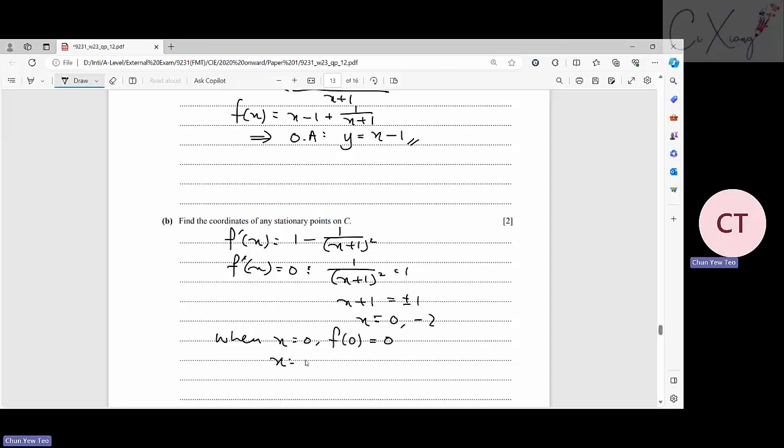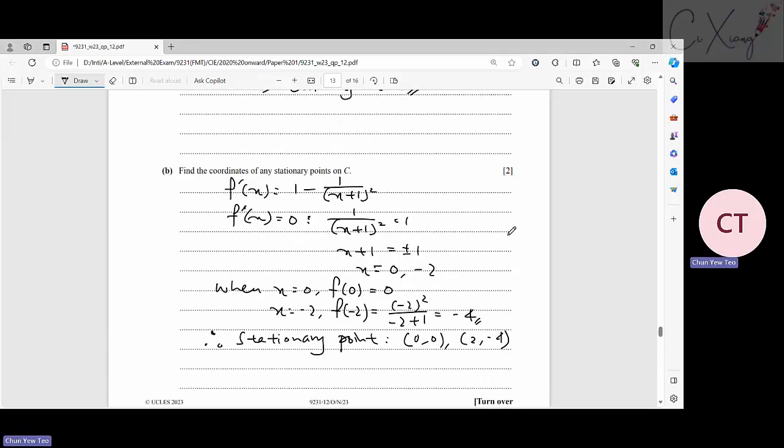When x is -2, your f(-2) will be (-2) squared over -2 plus 1, you get -4. So therefore, your stationary points are (0, 0) and (-2, -4). Okay, so this is the stationary point.